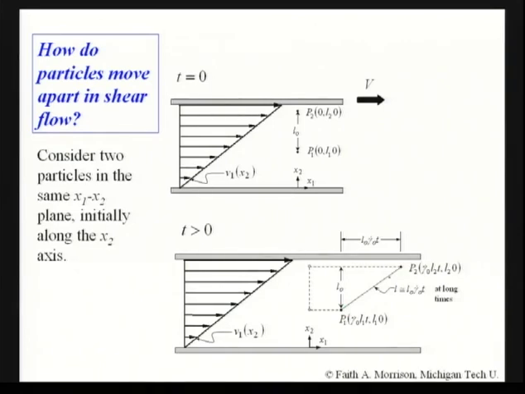You can do the geometry, and it turns out that L is proportional to the time. So the longer you shear, it makes sense. This line just gets longer and longer. The longer you shear, the further apart the two particles get, linearly with time. So let's remember that for the moment, because we're going to contrast that with our other standard flow, which is going to be quite a bit different.